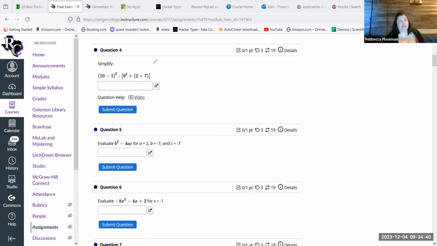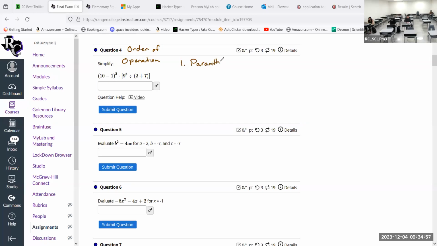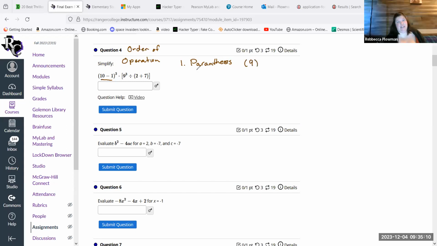So one more time, to simplify, we're using order of operations again. I think I was missing a letter here in parentheses, but we got parentheses first, so we deal with everything in the parentheses. We have 10 minus 1, so that's just going to become 9.